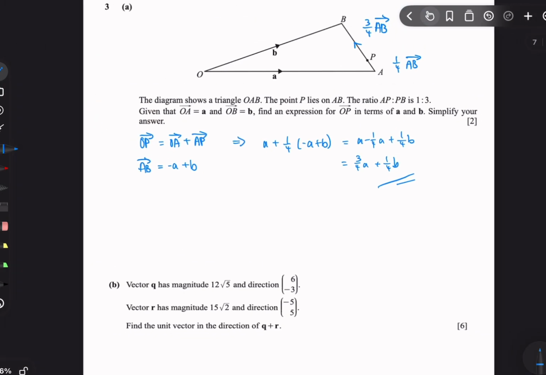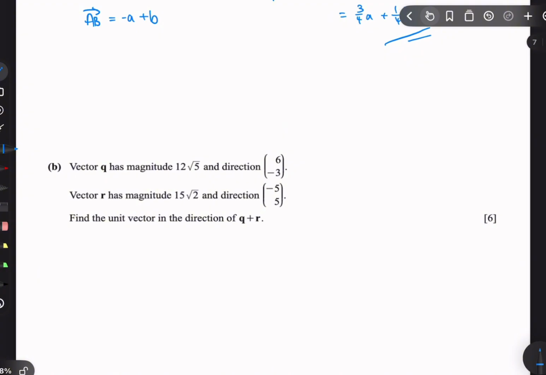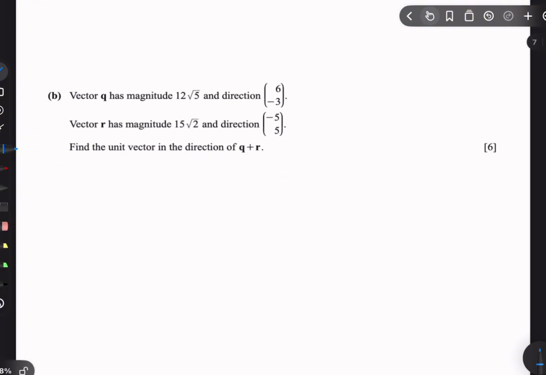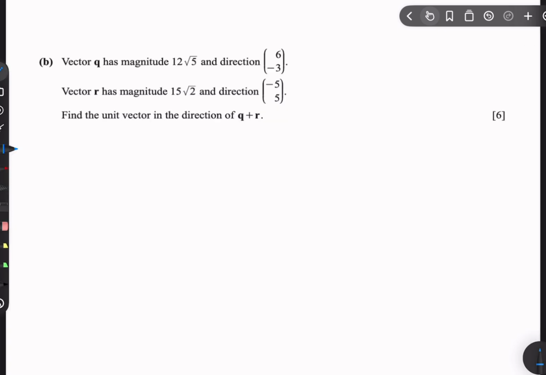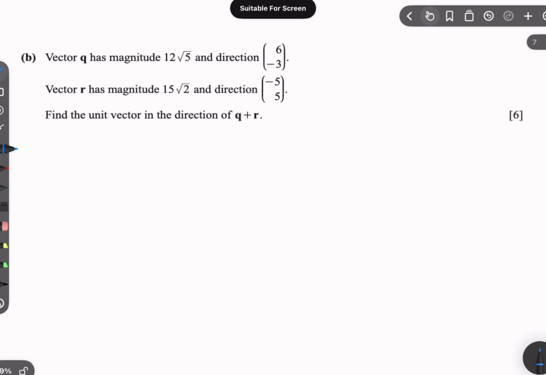Vector Q has magnitude of this and direction of that. And vector R has this magnitude and that direction. Find the unit vector in the direction of Q plus R. Okay, first we need to make sure that the vector is the correct one, as it must match the magnitude. So we will find the magnitude of the vector first for Q. And it will be 3/5.